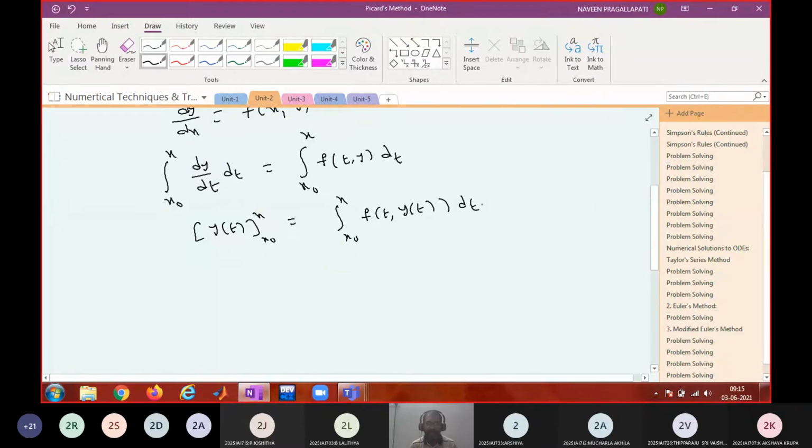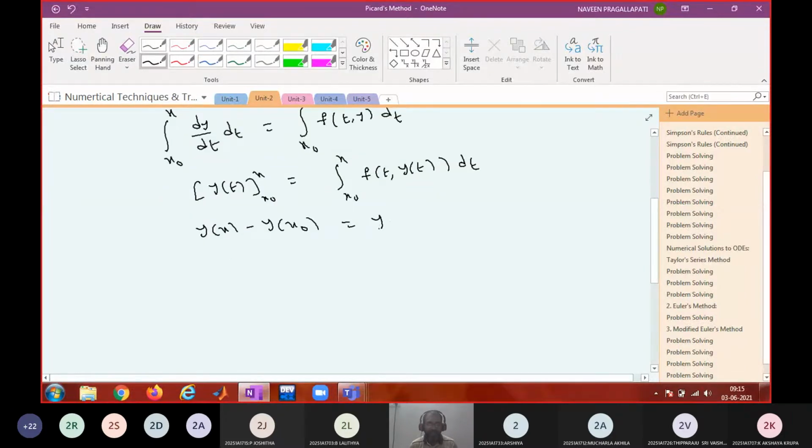So everything is in terms of t only. So this is y of x minus y of x naught, equal to the right-hand side. But y of x naught is y naught. So it equals the integral from x naught to x of f of t comma y of t dt.